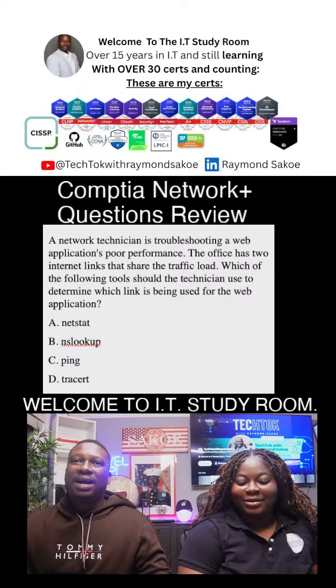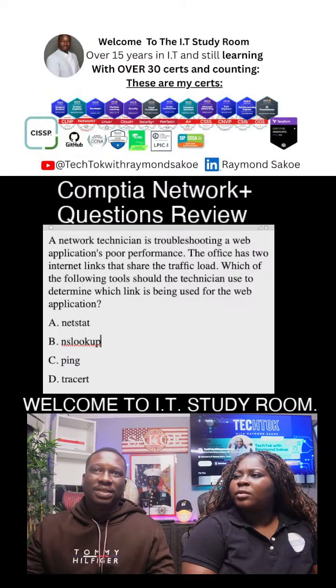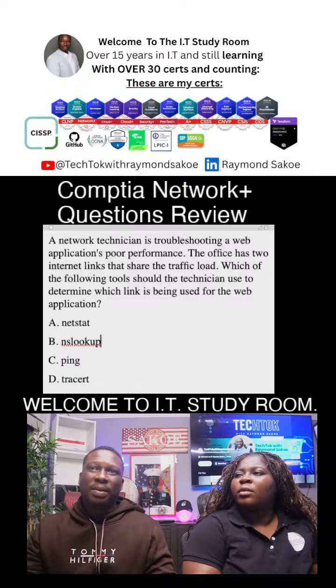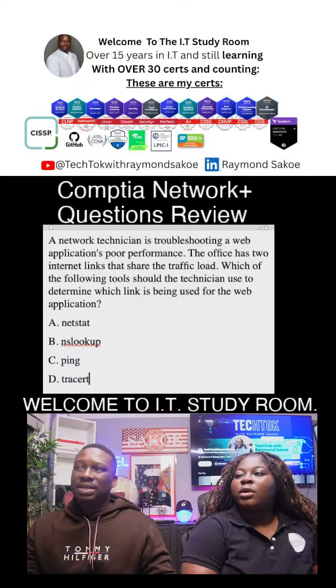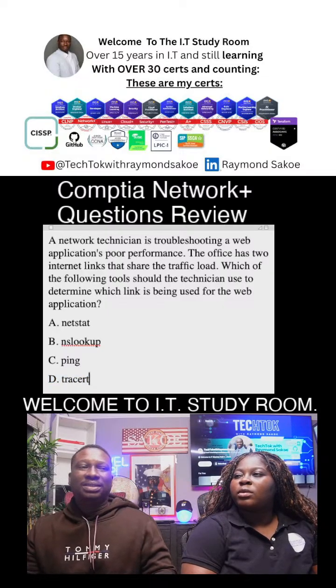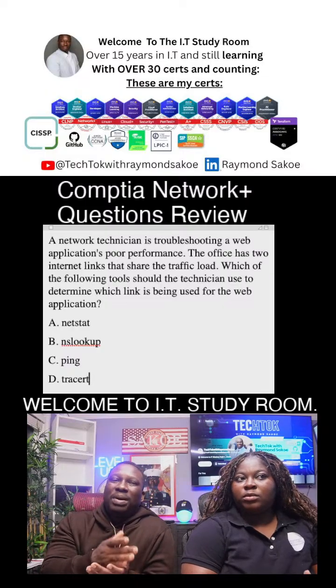Okay. How would you see which internet service the web application is using? So the answer would be D, right? The traceroute command gives you hop by hop, or the path of the traffic.